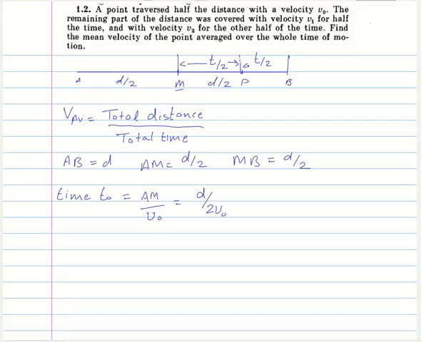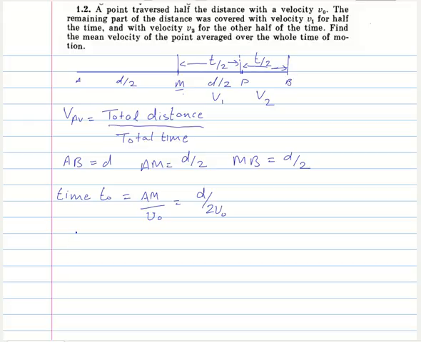If you consider the time taken between M and B as t, then between M and P the time taken is t by 2 and between P and B the time taken is t by 2. Now between MP the velocity is v1, and from P to B the velocity is v2.